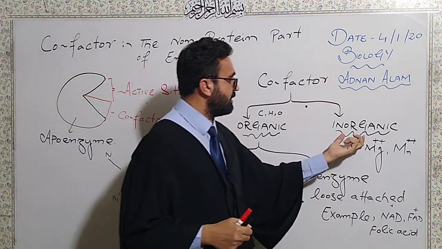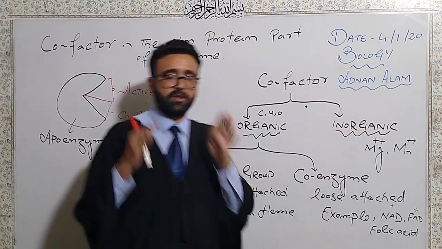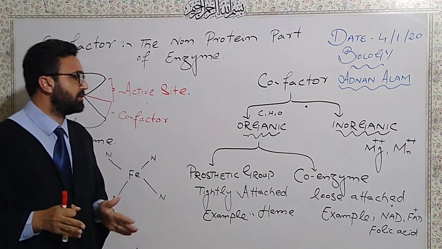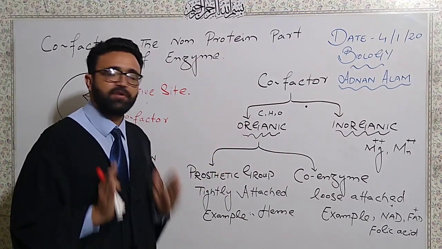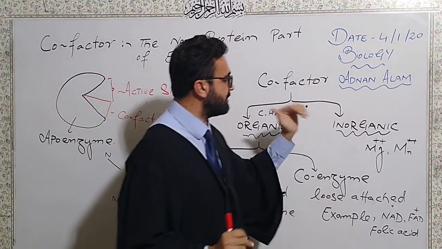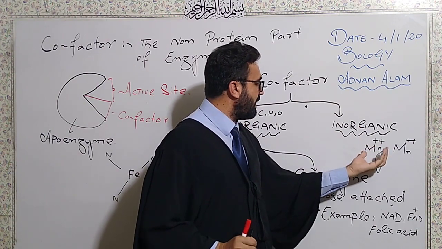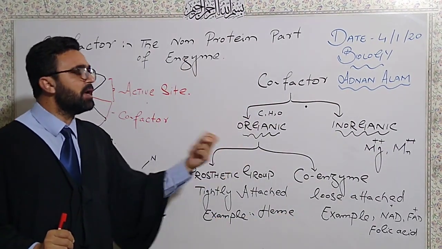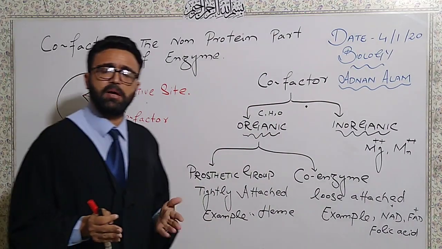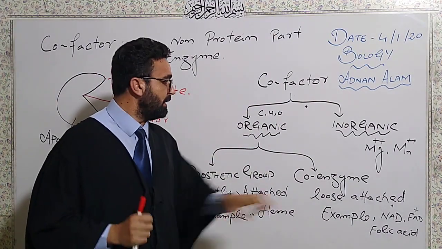And inorganic are those chemical substances in which usually there is no specificity of carbon, hydrogen and oxygen. Examples are magnesium and manganese. I mentioned here calcium is also a cofactor.